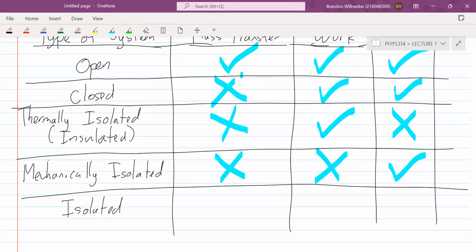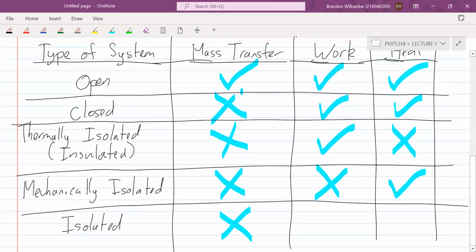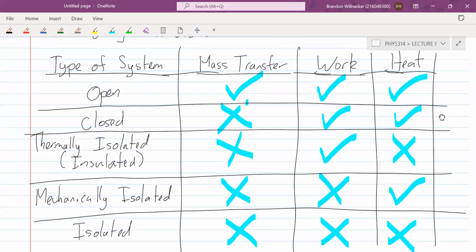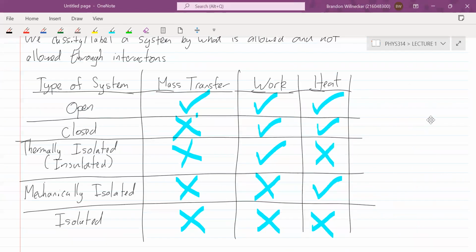And if it's just isolated, with no prefix of thermally or mechanically, then we do not allow mass transfer, we do not allow work done, and we do not allow heat to be transferred. This way we can identify the type of system based on its interactions.